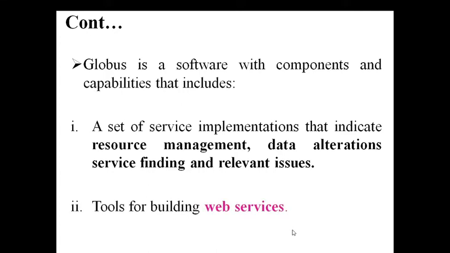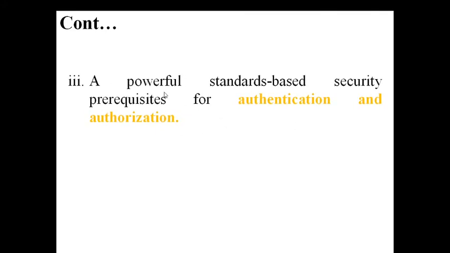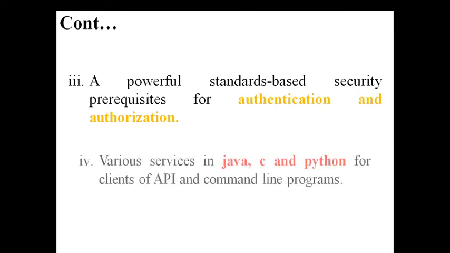Next, tools for building web services. It allows us to interact globally with any person in the world by using web services. It also provides powerful standards-based security for authentication and authorization, which I mentioned previously.